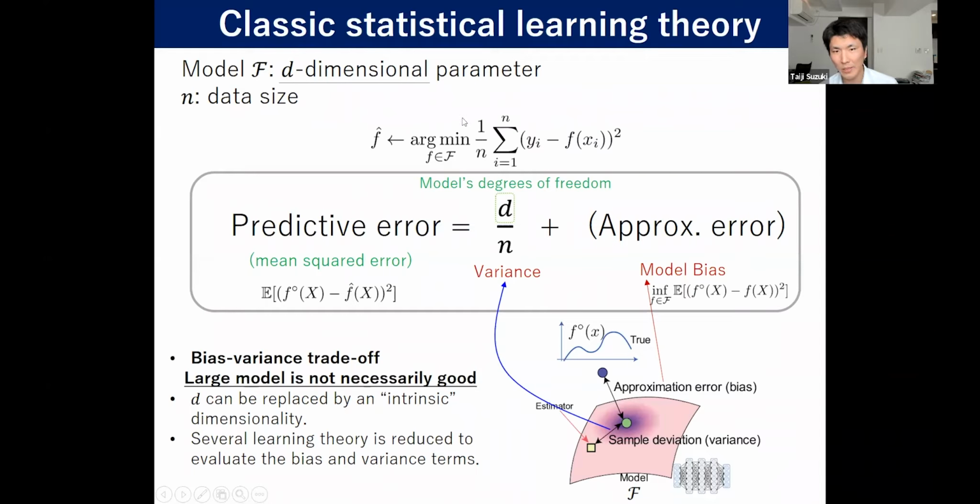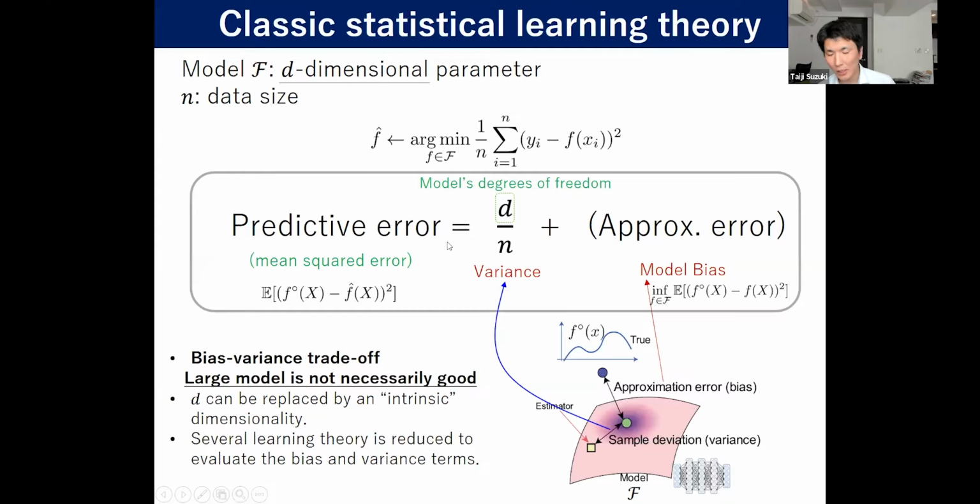We want to minimize this empirical risk, and the empirical risk minimizer is denoted by f hat. Now we are interested in the predictive error of f hat, which here is just the mean squared error. If the mean squared error for f hat is very small, then it has a good predictive error.